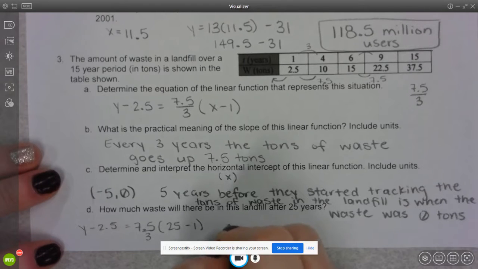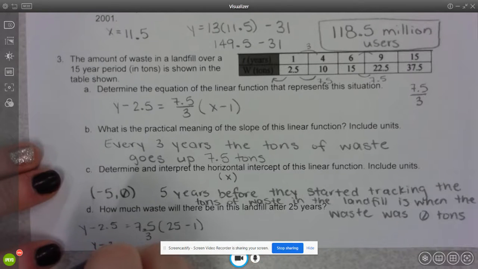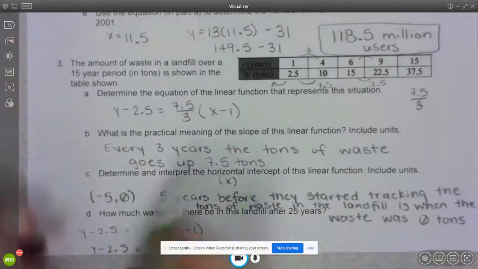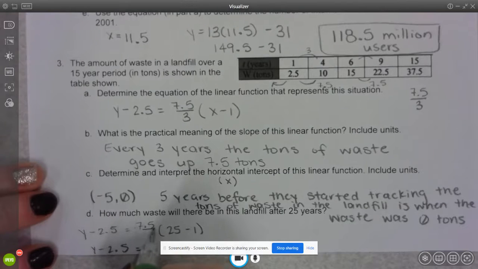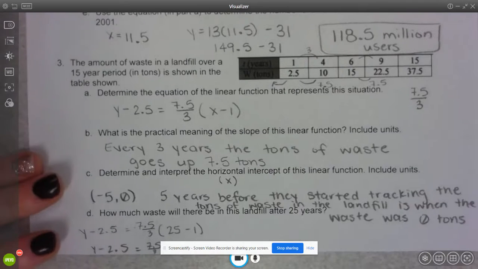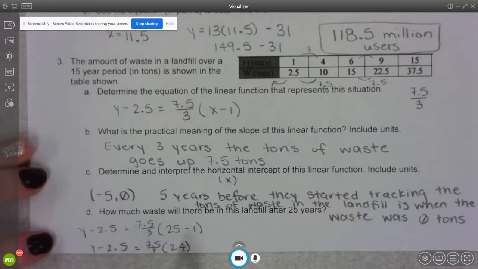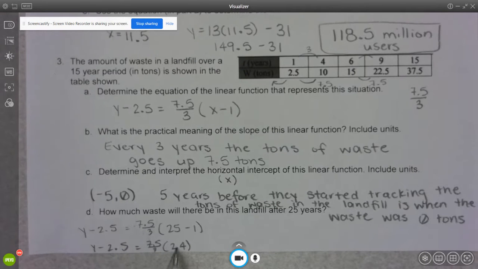So then this would be y minus 2.5 equals, let me give myself more room, 7.5 divided by 3 times 24. Oh, and my little screencast is in the way. So 24 is evenly divided by 3.